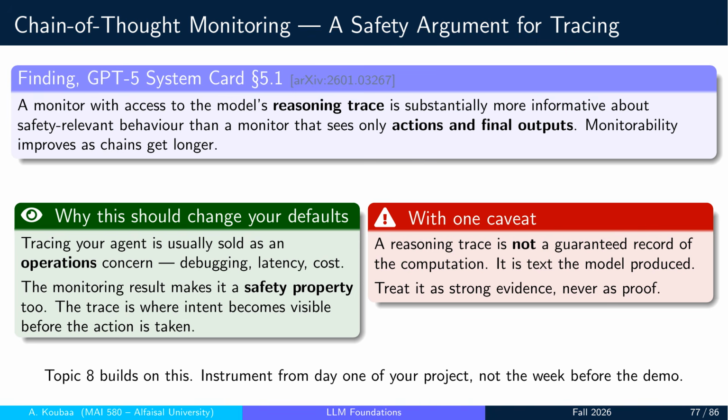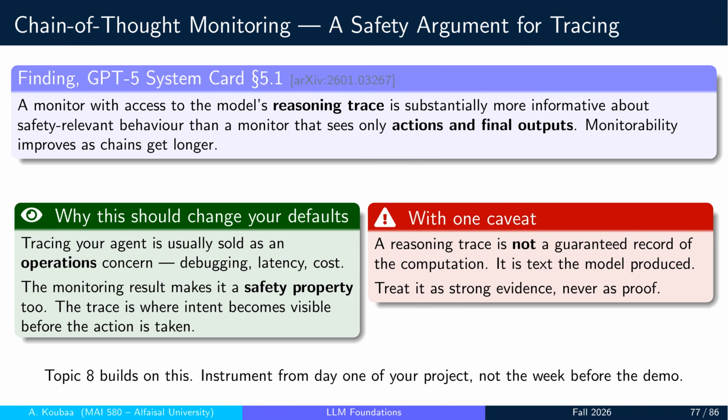Tracing your agent is usually sold as an operations concern. Debugging, latency, cost. This result makes it a safety property as well. The trace is where intent becomes visible before the action is taken. And that is the only moment where you can still intervene. After the action, you're doing incident response, not safety.